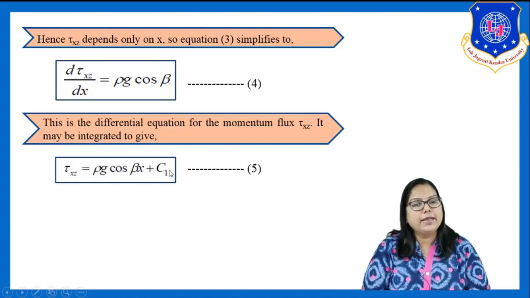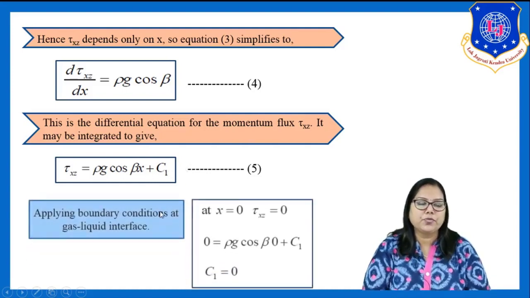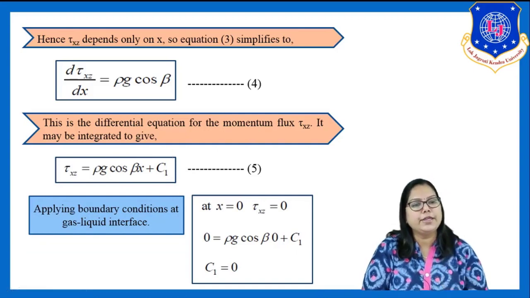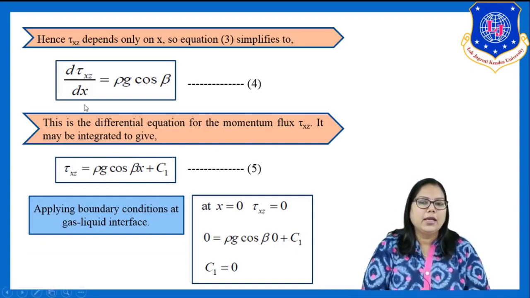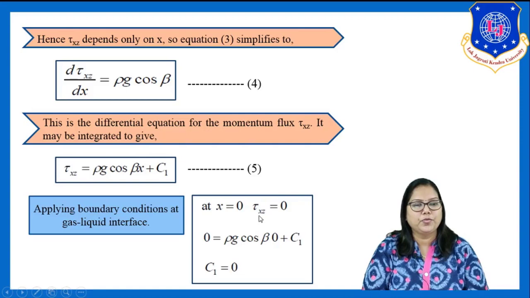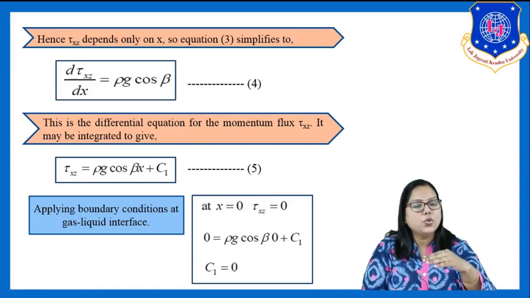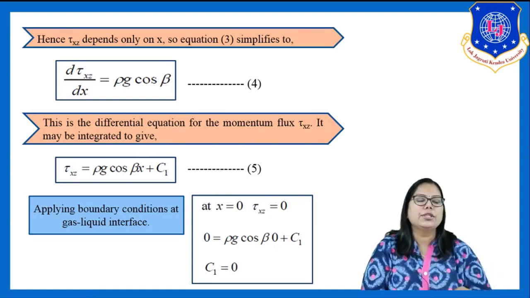Now I have to find the constant c1. To find it, we have to apply a boundary condition. At the gas-liquid interface, at x equals 0, tau xz is 0. That means at the top of the film where x is 0, there is no shear stress.